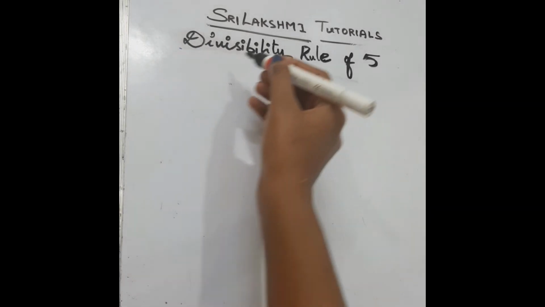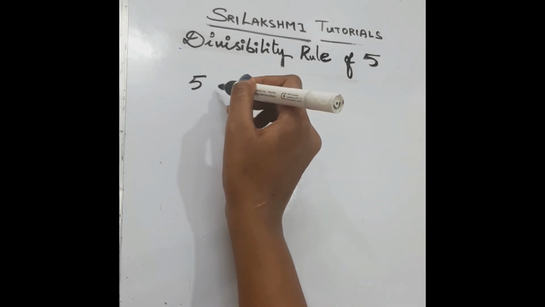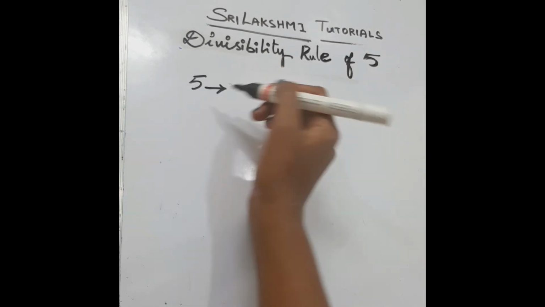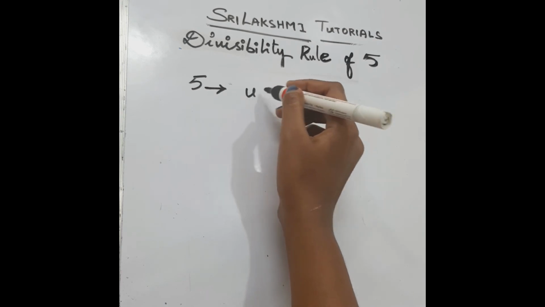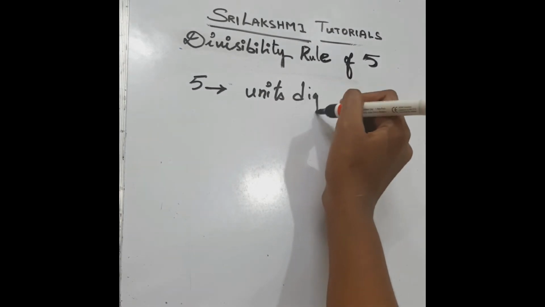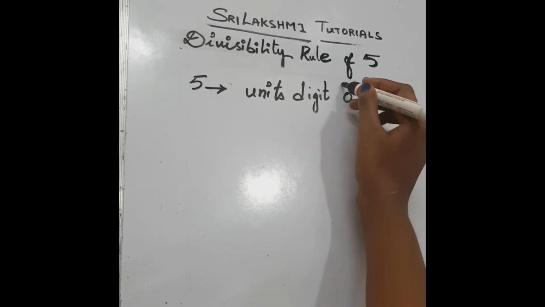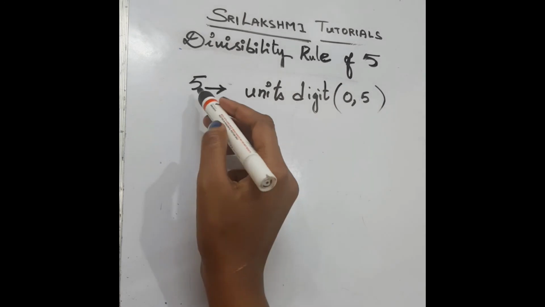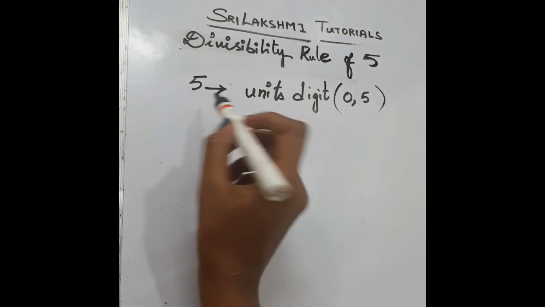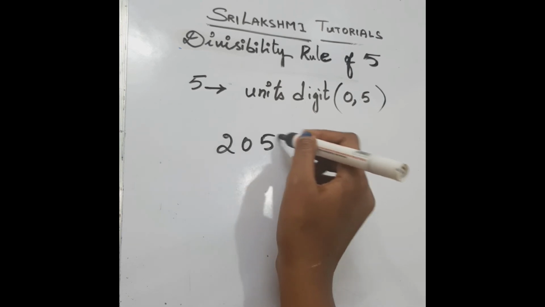Let's see the next number, 5. Now we'll check the divisibility rule of 5. What is the divisibility rule of 5? If the units digit is 0 or 5, then the given number is divisible by 5. Let's see the number 2050.